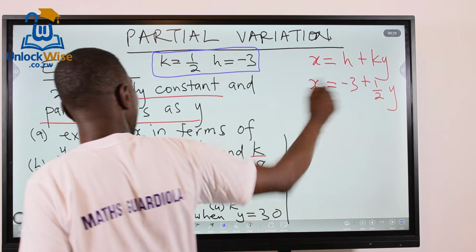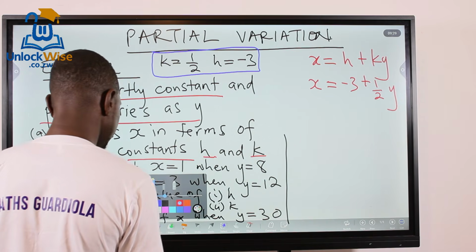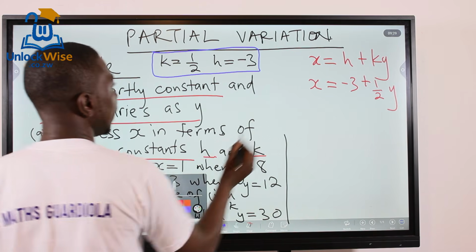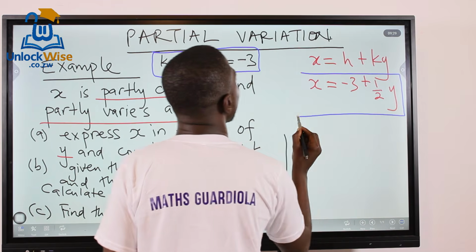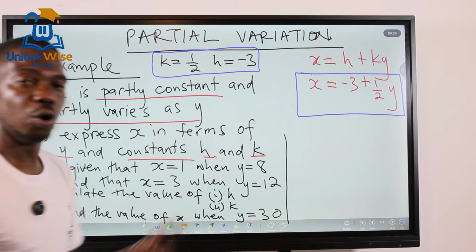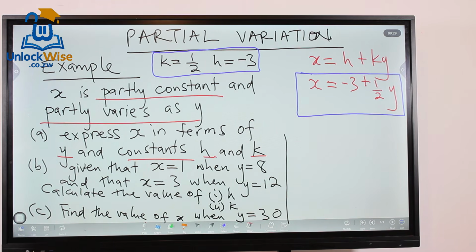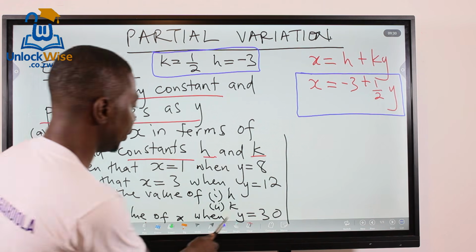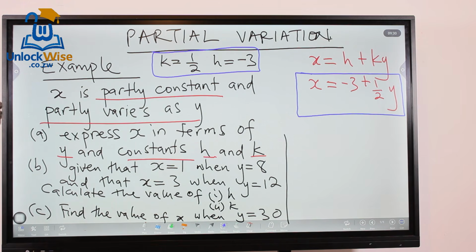So this is now our equation. What we are now supposed to do is find the value of x when y is equal to 30.